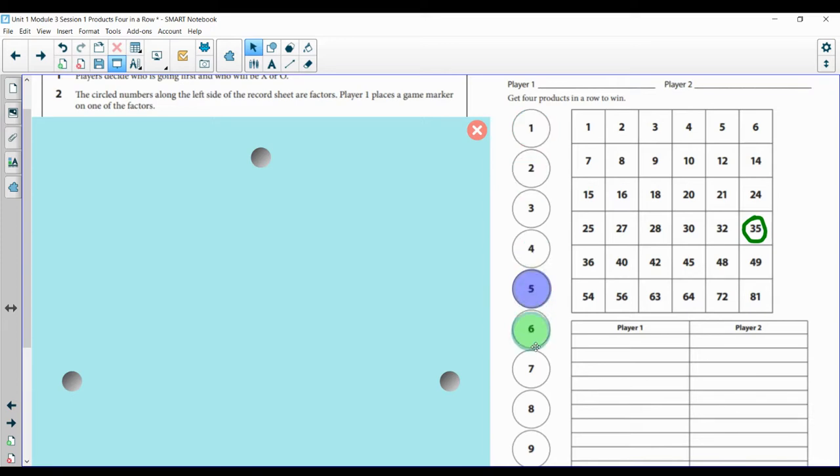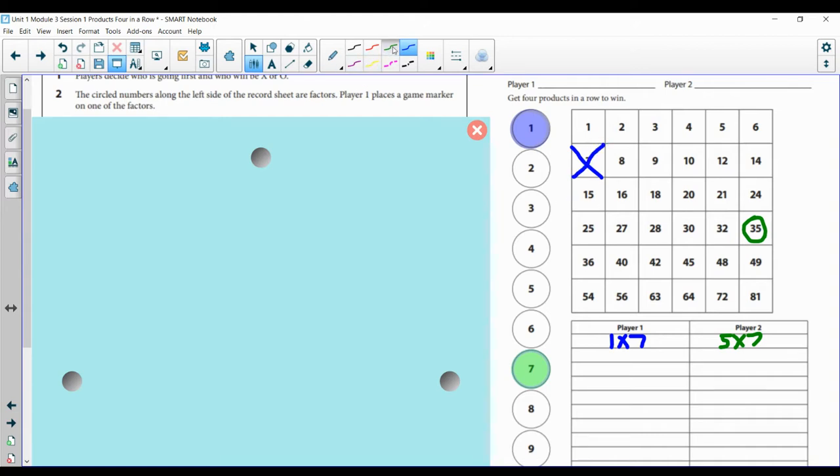Okay, so I'm going to move this one up here. And down below you write, player one would have written the 5 times 7 here. All right, so we got the blue for next one. Blue did 1 times 7, which is 7, and they put an X here.